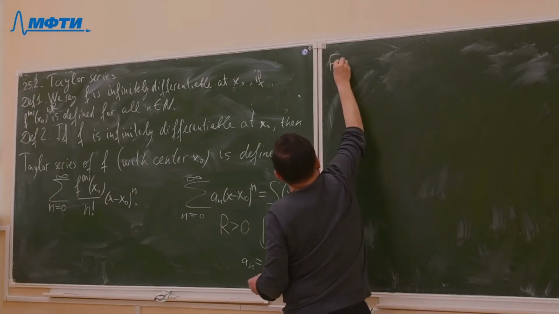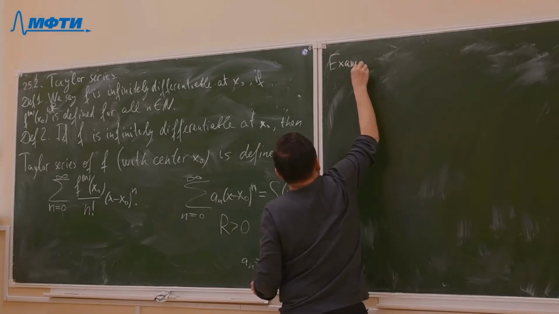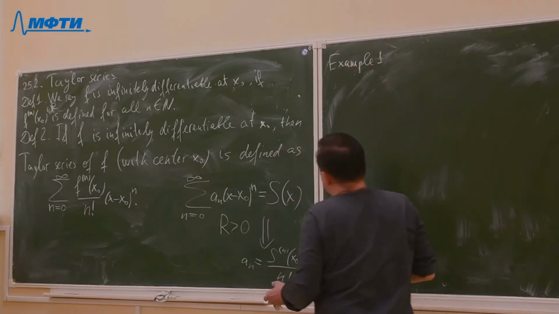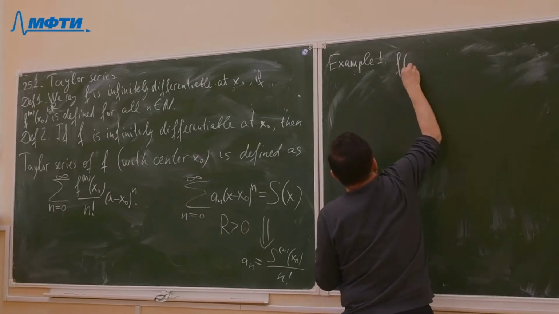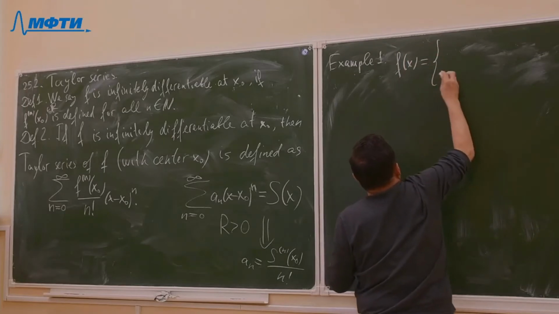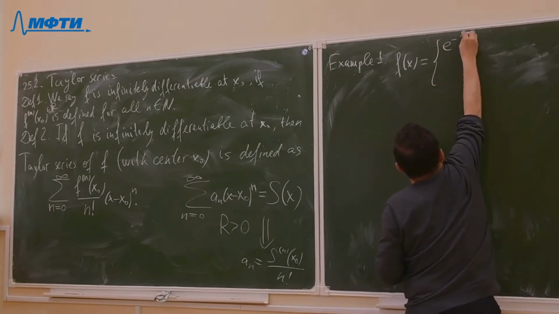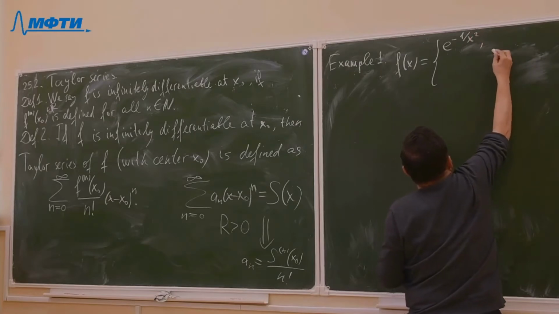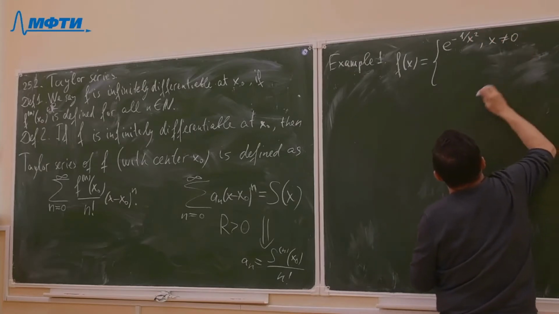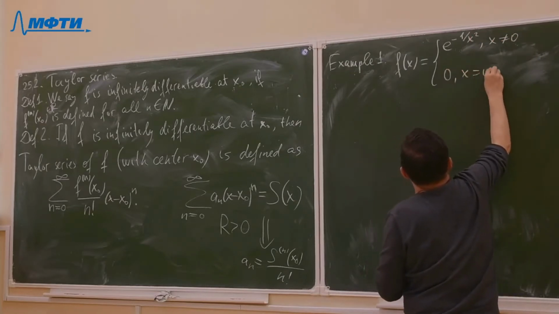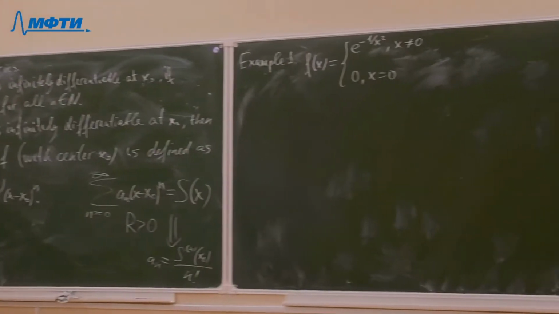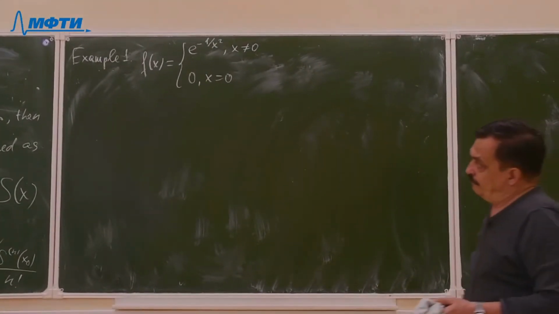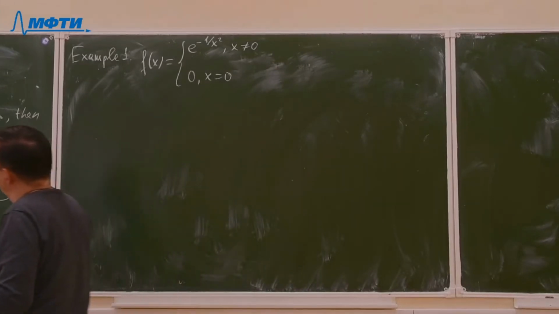Example 1. Consider such a function: f of x equals e to the power minus 1 over x squared for x not equal to 0, and 0 if x equals 0.